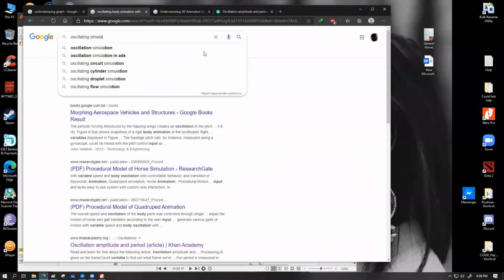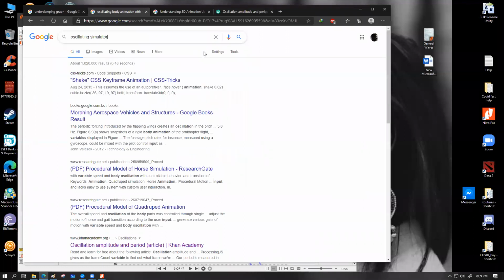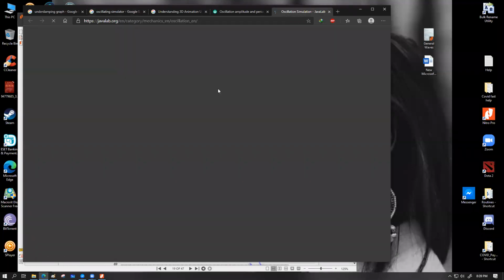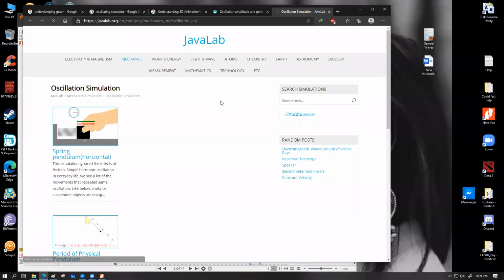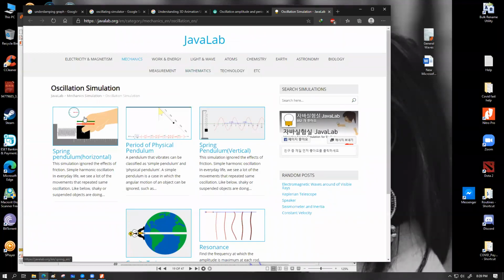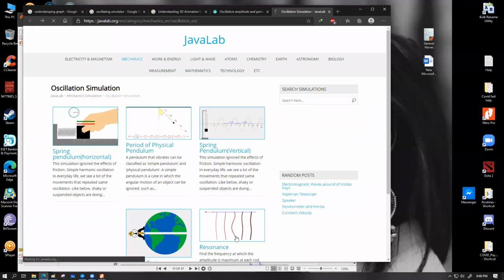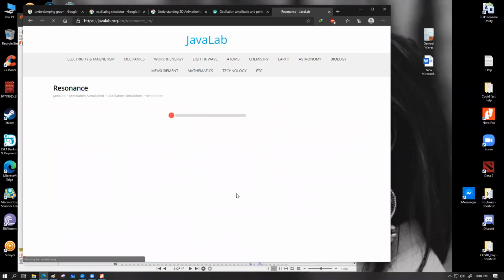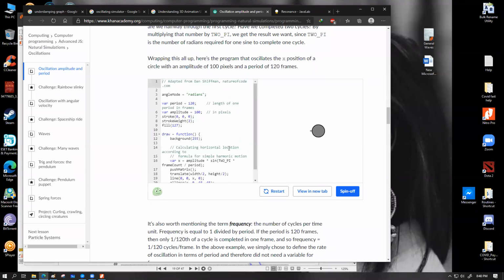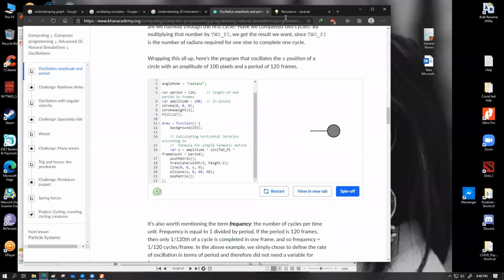I forgot the word simulator. But there is only one object here.